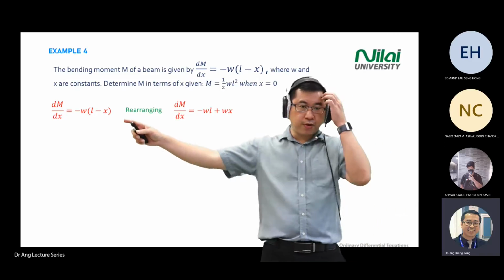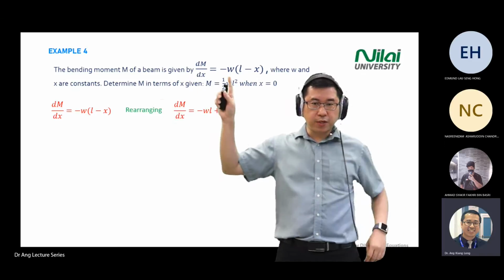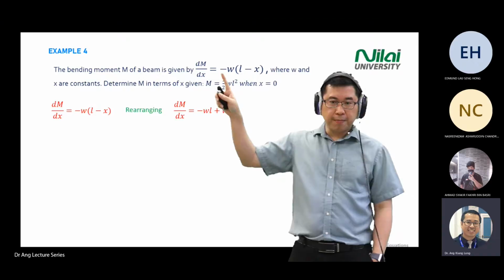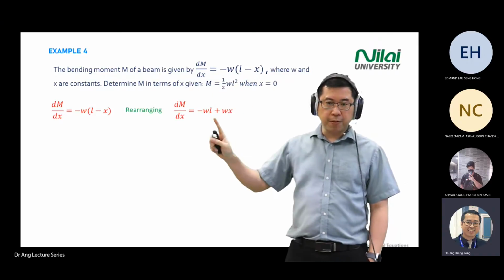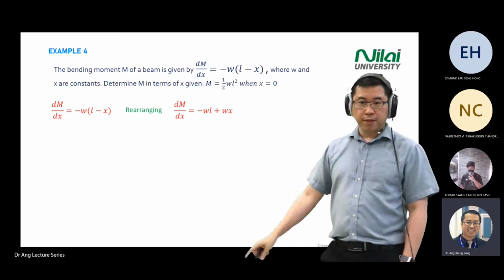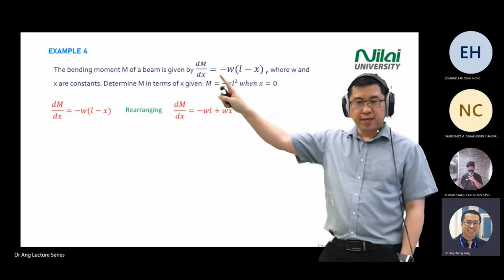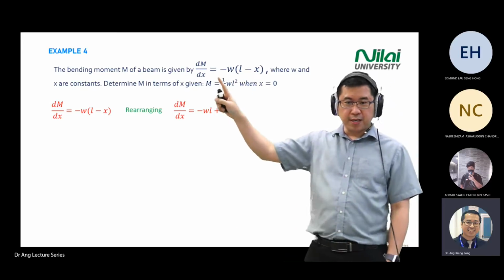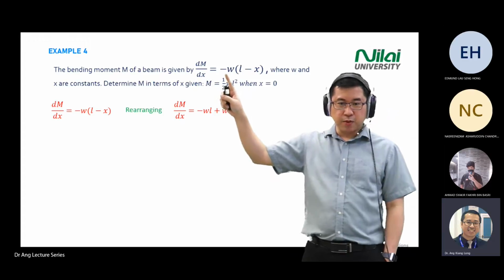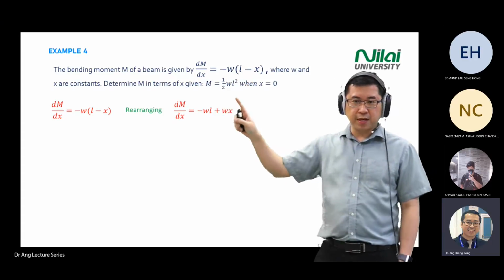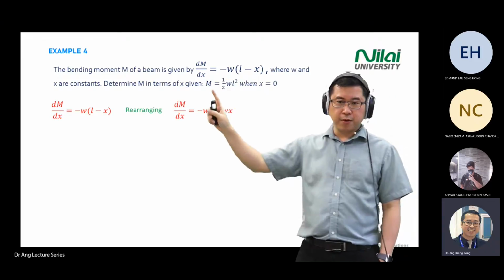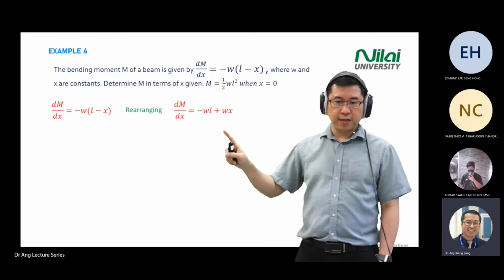Of course, you need to expand the equation. So you expand minus WL times minus, you get positive. Just a reminder, someone in this class always, when you see negative, will give me another wrong number. Be careful on the positive and negative sign.